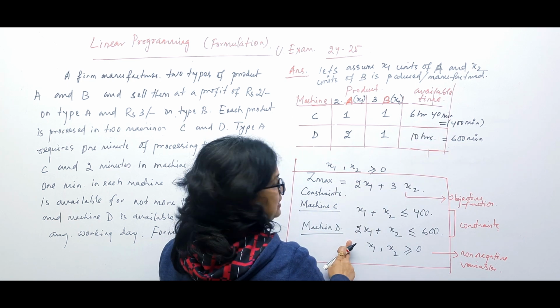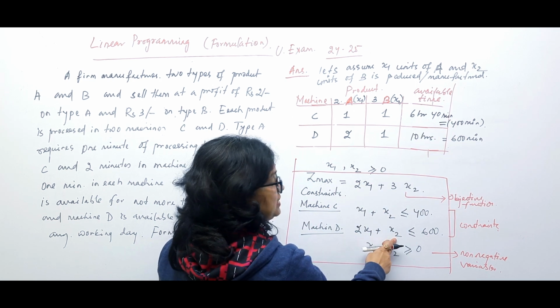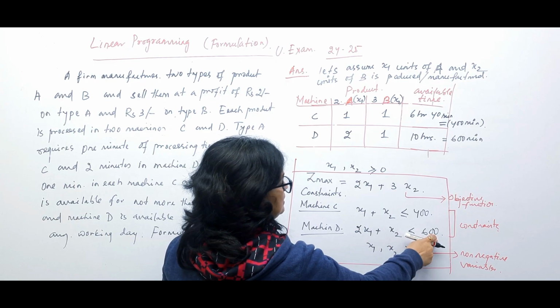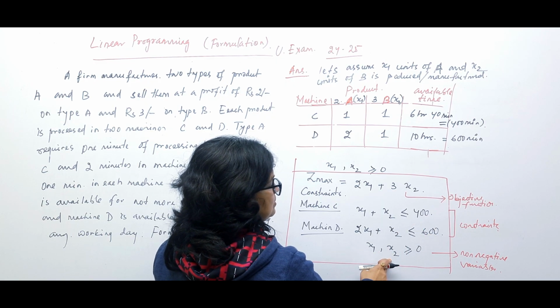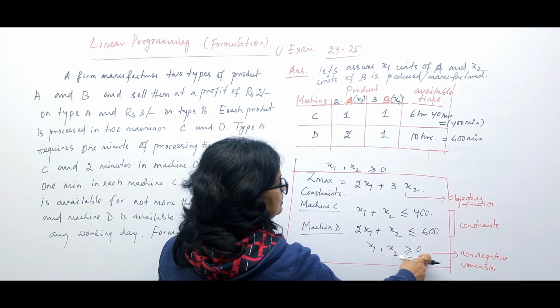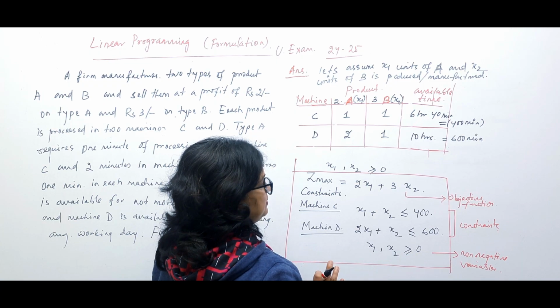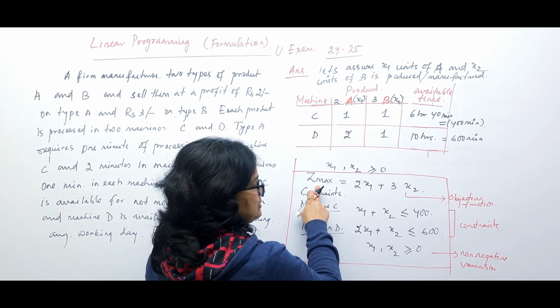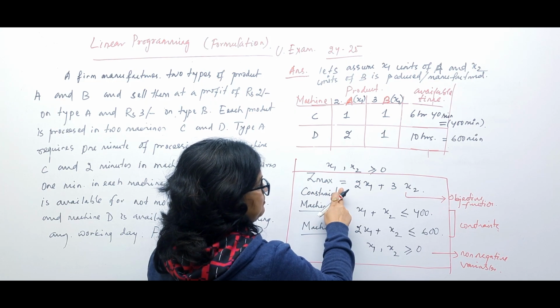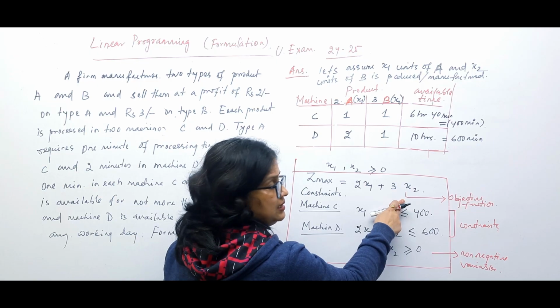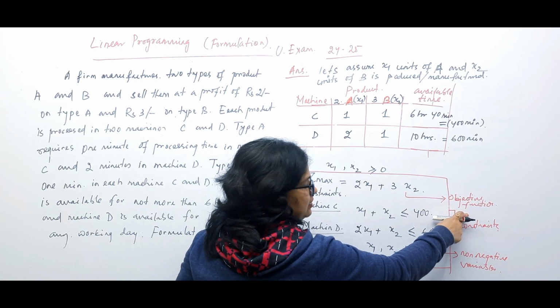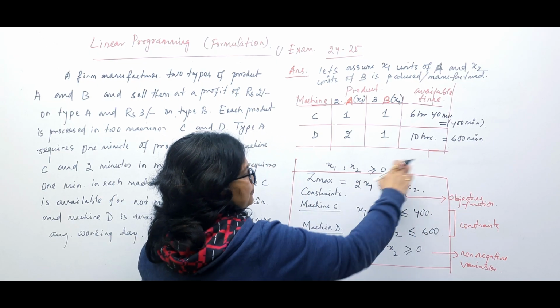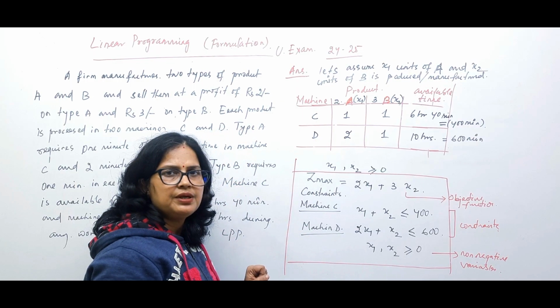Then for machine D the constraint is 2x1 plus x2 less than or equal to 600. x1, x2 are always greater than or equal to 0. These are the non-negativity constraints. And we write the maximization Z maximum equal to 2x1 plus 3x2. This is the objective function. So this is the form of linear programming formulation. We need to solve it like this.